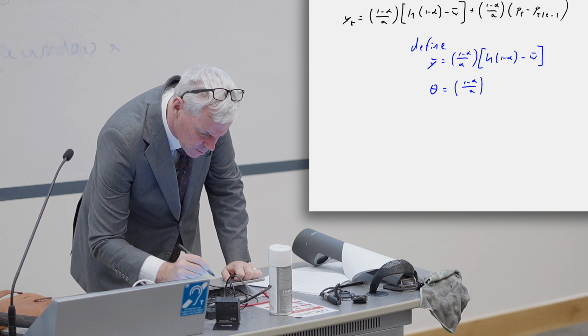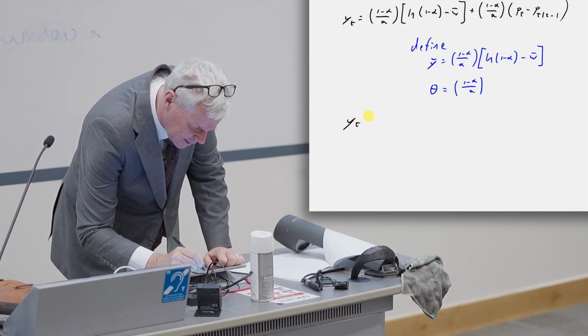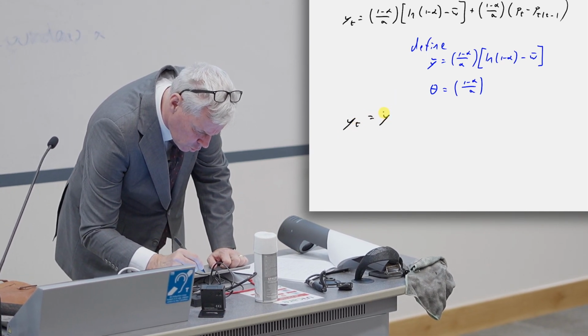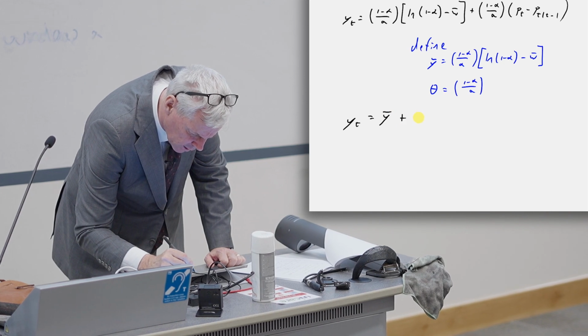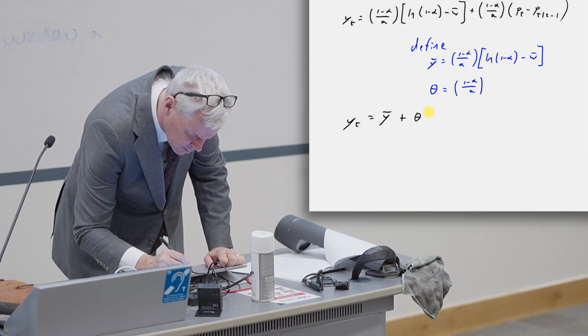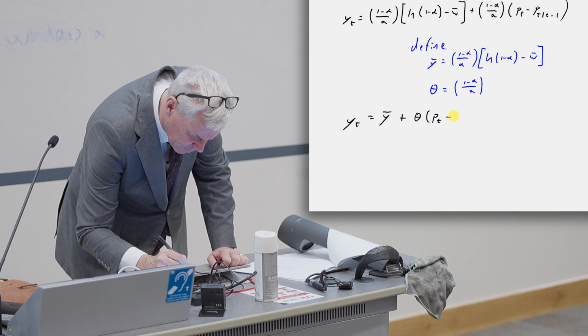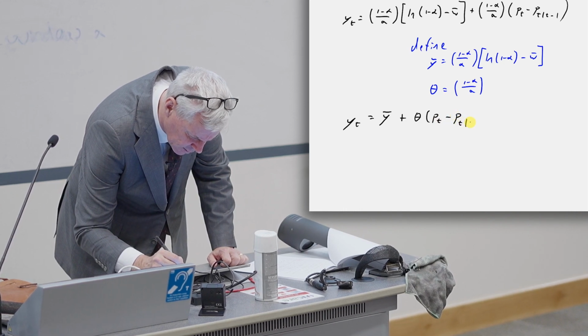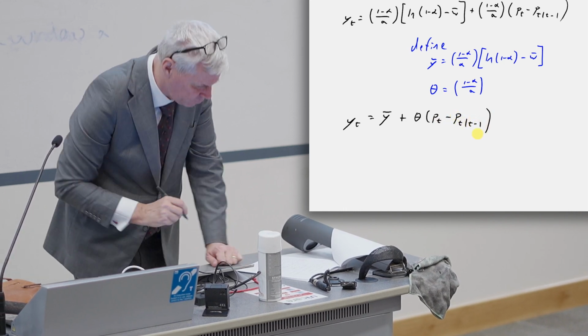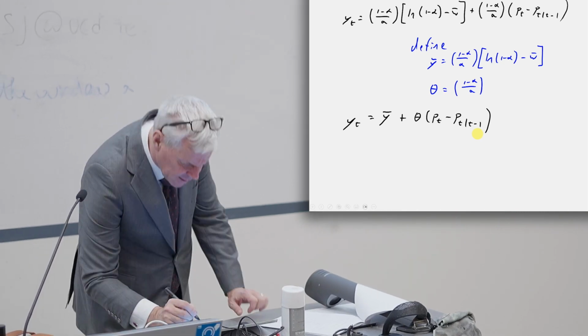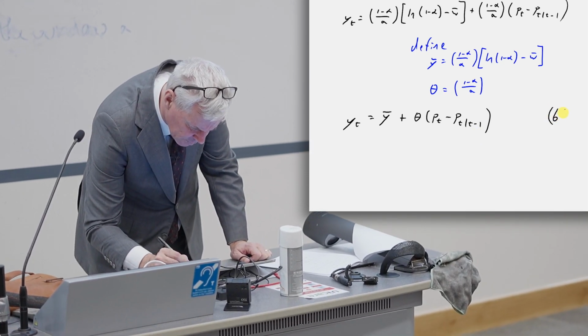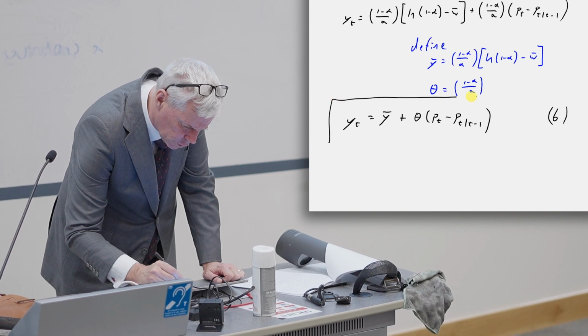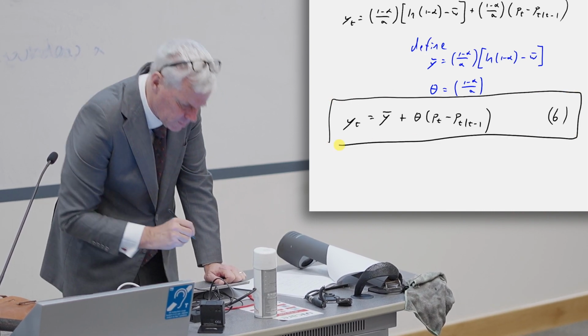I get y_t is equal to y bar plus theta times (p_t minus p_t given t minus 1 information). And this I'm going to call equation 6. And this is going to be one of our two key equations in this model.